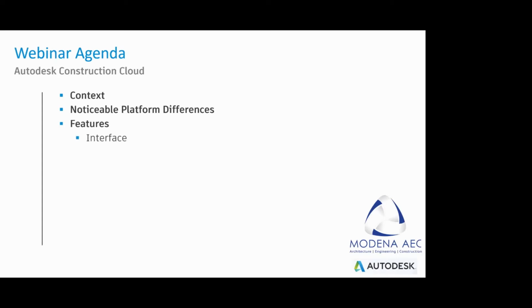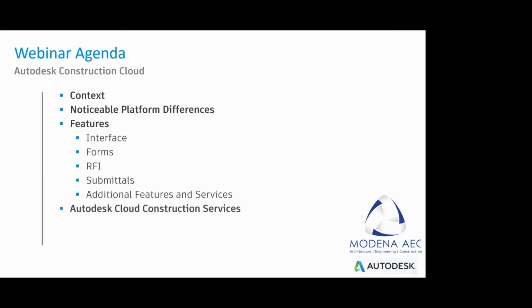So this would be the new interface to get used to, the new features for forms, as well as RFIs, submittals, and then, of course, additional features and services that will be mentioned here. Keep in mind that we do want to talk a little bit about the Autodesk Cloud Construction Services, how they connect with each other. And then we are going to give you guys some time to grill us in a Q&A session. So let's begin.